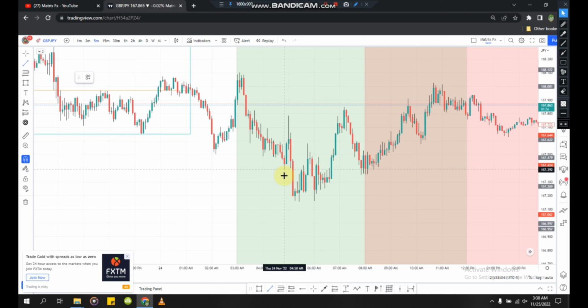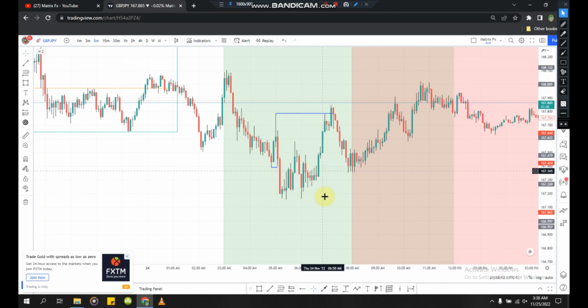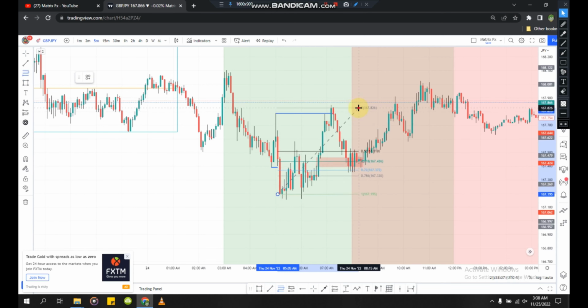The market formed another setup right here. After taking that, it gave us this. This fair value gap obviously is below the 50%. I don't even need to flip that to know that it's below the 50%. But just to fulfill all righteousness, let's flip it and see. And you can see below the 50%.